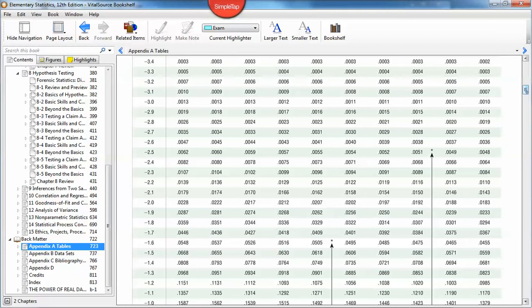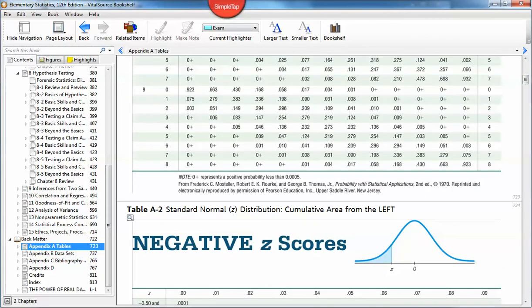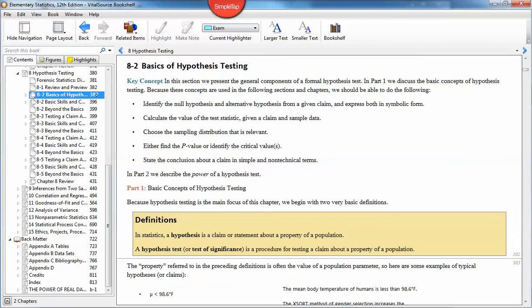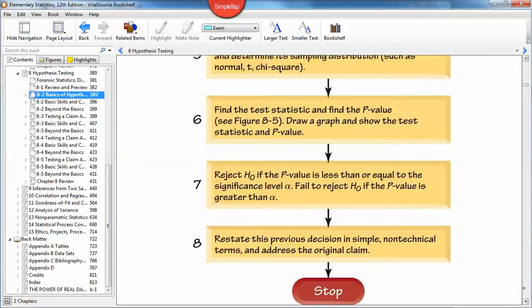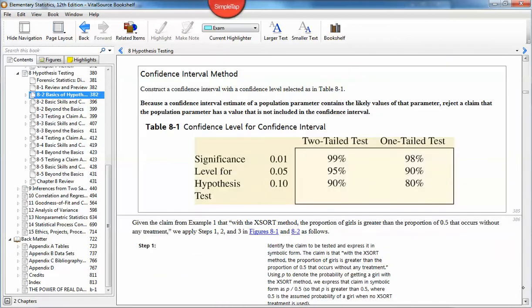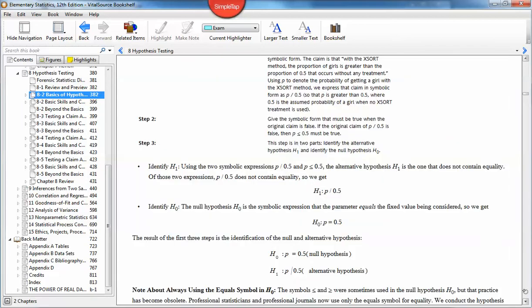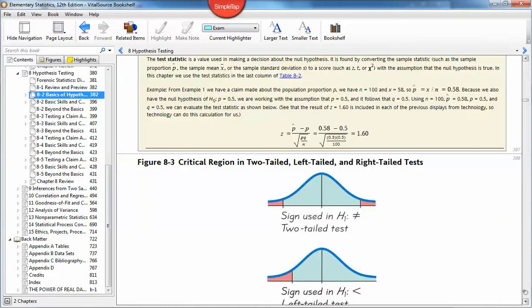We will need this z-score chart eventually, but when we find the p-value method, it's very important to remember your original claim. Is it equal, is it less, or is it greater than? So I'm going to have to go back to that chart.